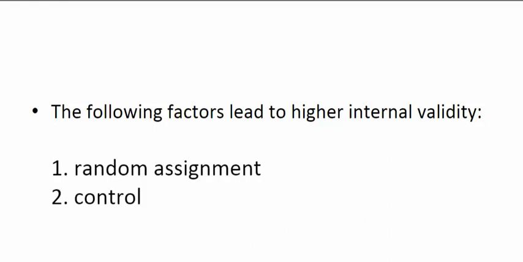The two factors that lead to higher internal validity are random assignment and control. We've already talked about why random assignment and control are needed to confidently draw a cause and effect conclusion. We talked about that way back at the beginning of the semester when we first started to talk about experiments.